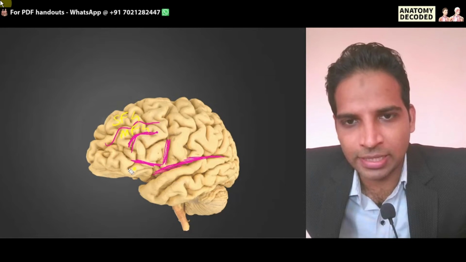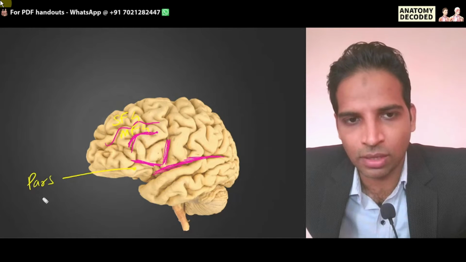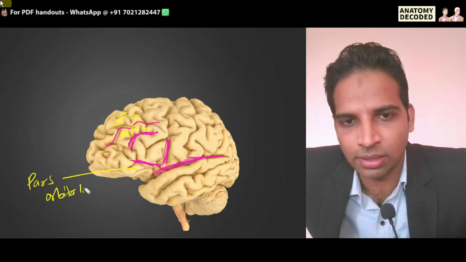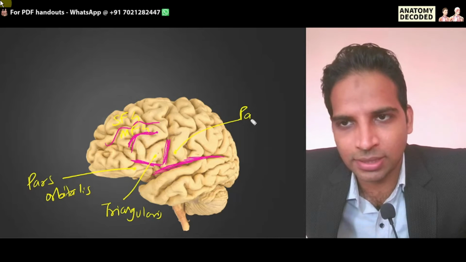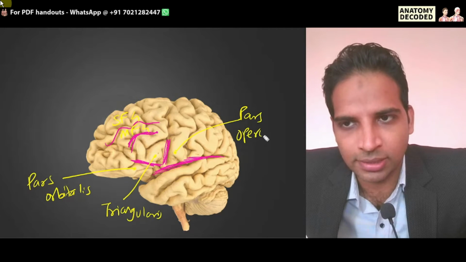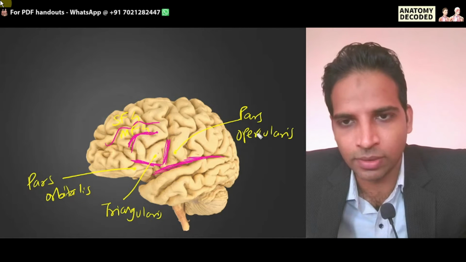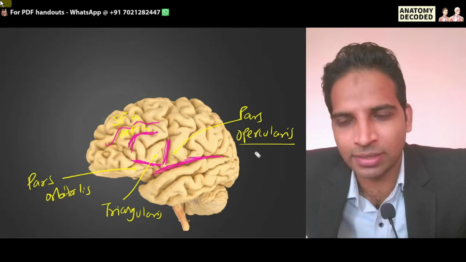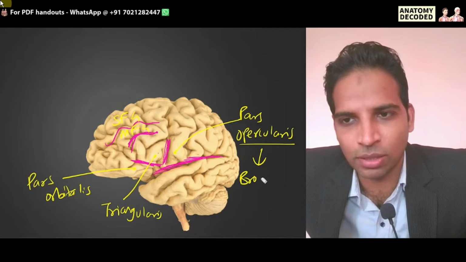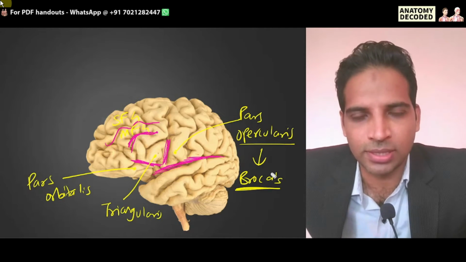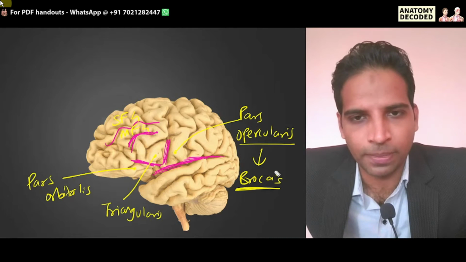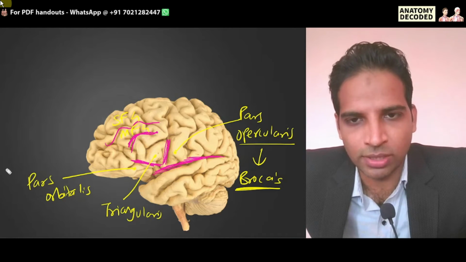The anterior area is referred to as pars orbitalis, there is a triangular area called pars triangularis, and behind it there is an area called pars opercularis. Pars opercularis is the area containing Broca's motor speech area. That's why these three subdivisions are important. So this was about the frontal lobe.